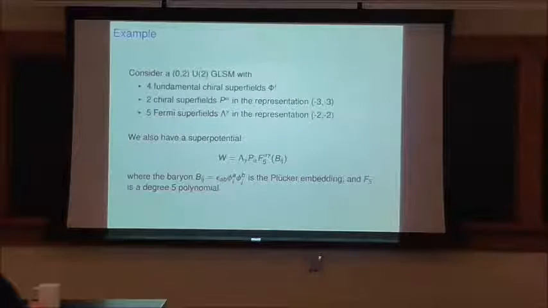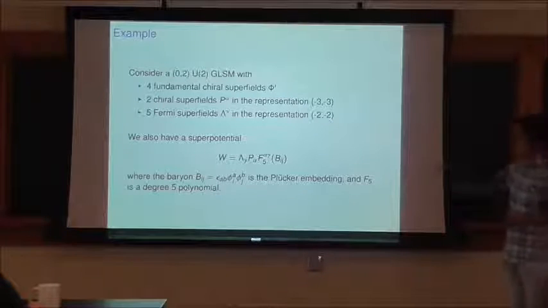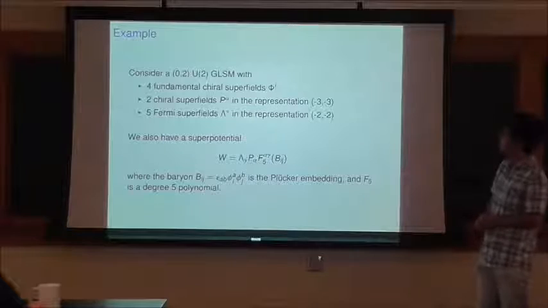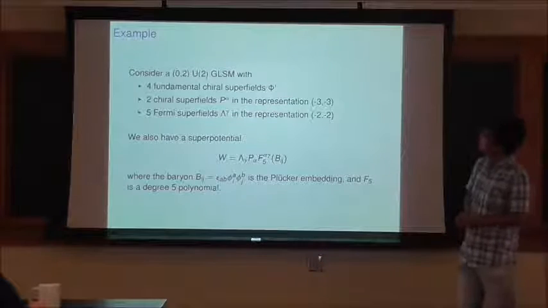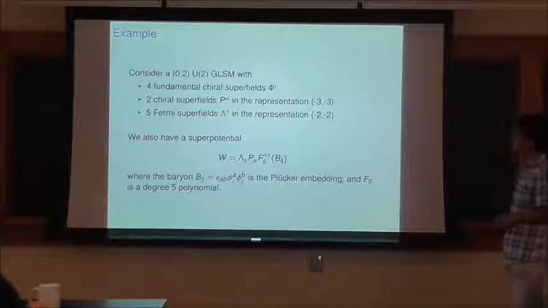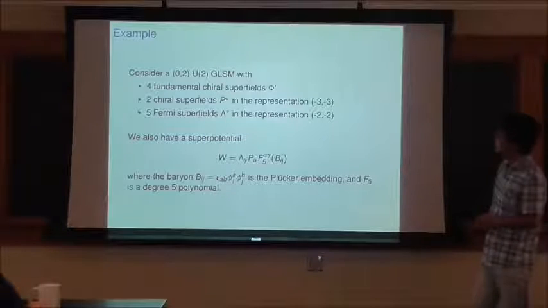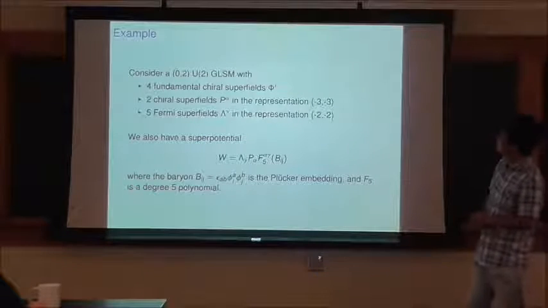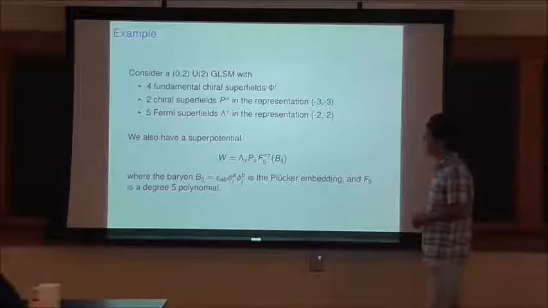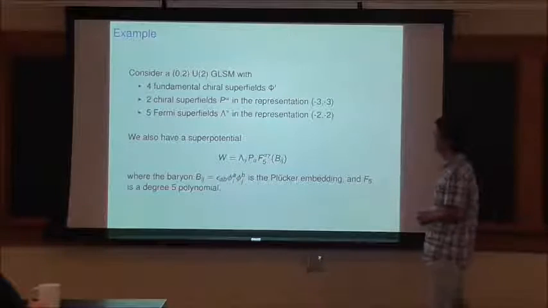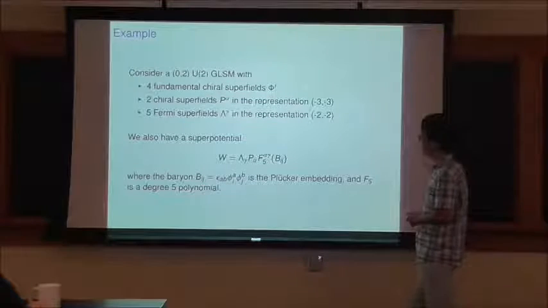And for our purposes, we'll pick some simple ones of the form like this. So the first example is given by a U2 0,2 gauge theory with 4 fundamental chiral superfields phi and 2 chiral superfields in the representation -3, -3. Additionally, we have 5 Fermi superfields lambda in the representation -2, -2.